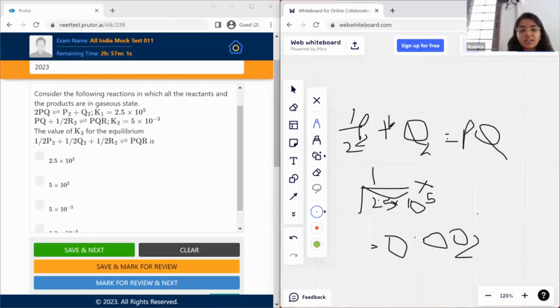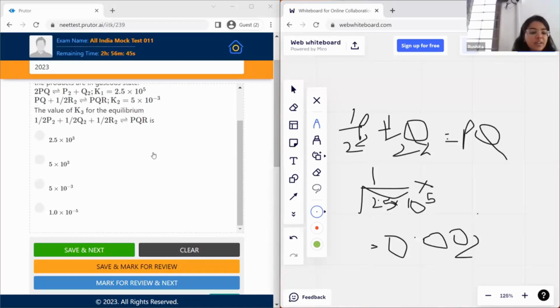And when you do that, if you can see, when we add this one and this one, everything else will get cut off, and you'll just be left with the equation we need in the final thing. And if you calculate with K1 and K2, the answer would be 1 into 10 raised to 5. Yeah, this one. So you just need to do the maths here.